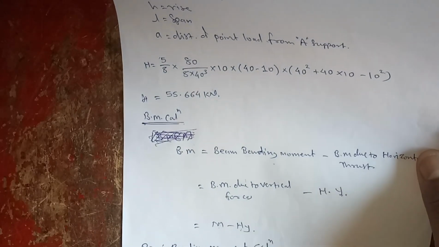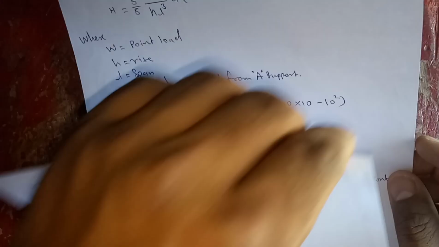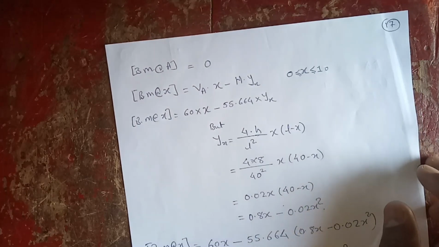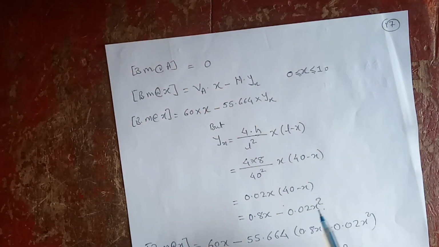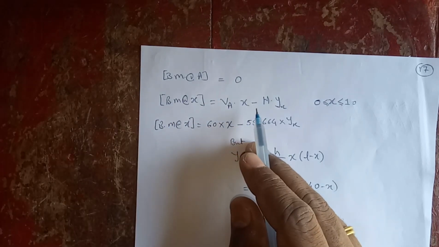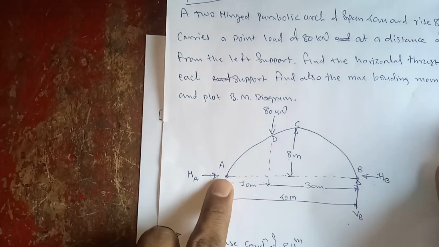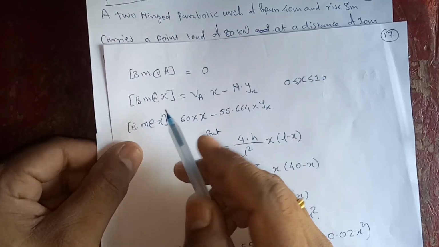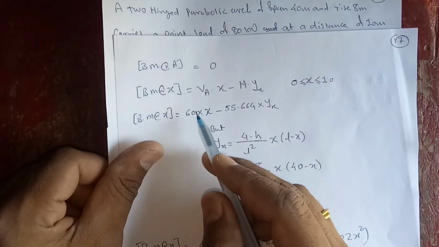We'll calculate the bending moment at some key points. The bending moment at A will be 0 since it is a simple, hinge support. Now we'll write down the M x equation.